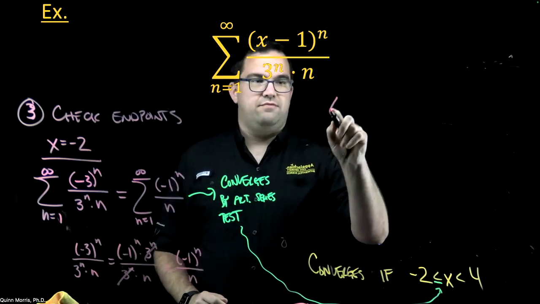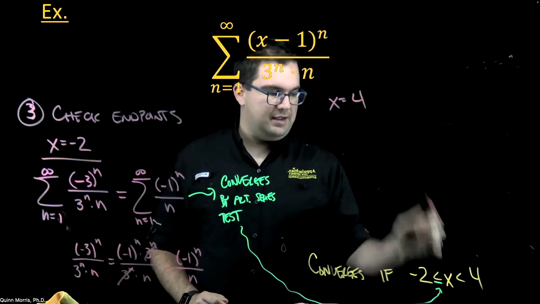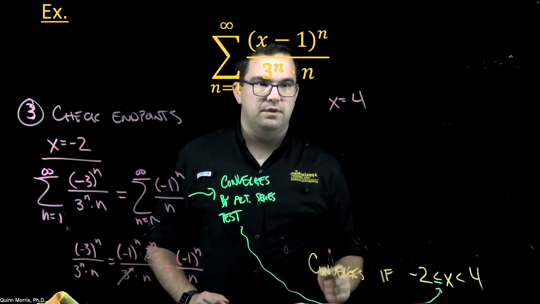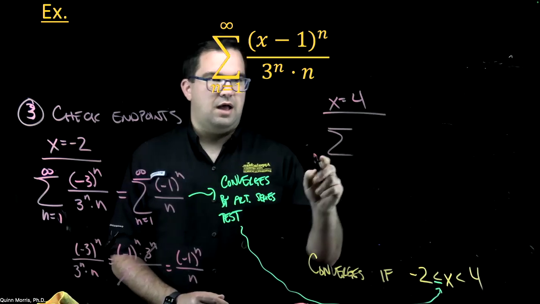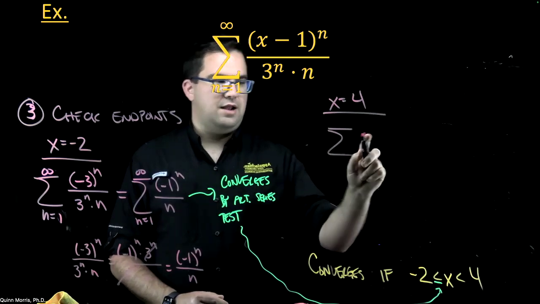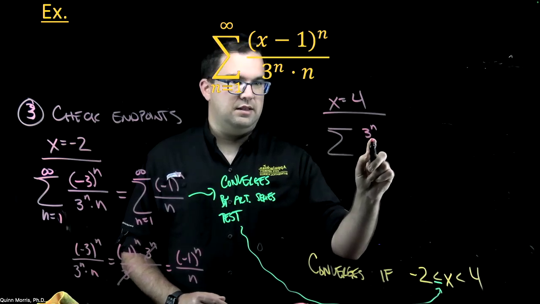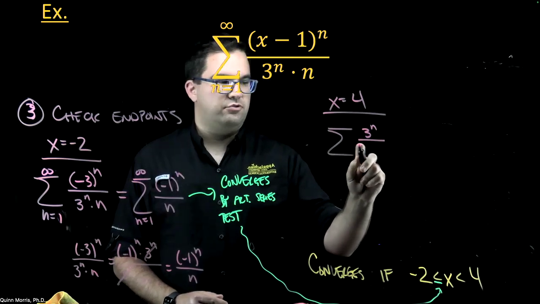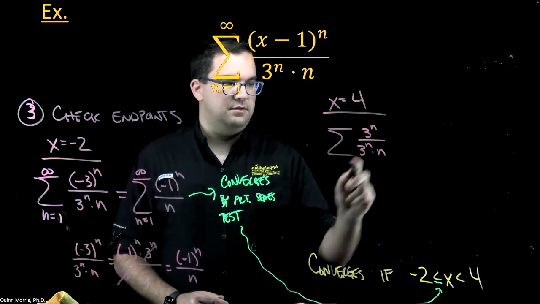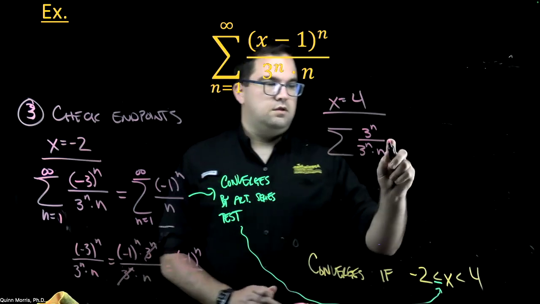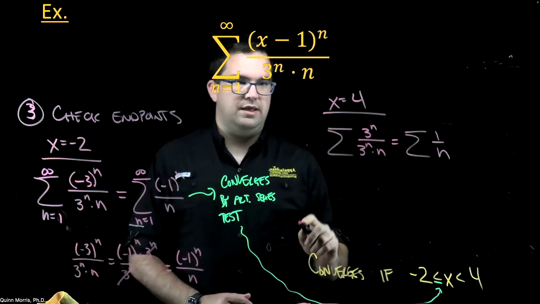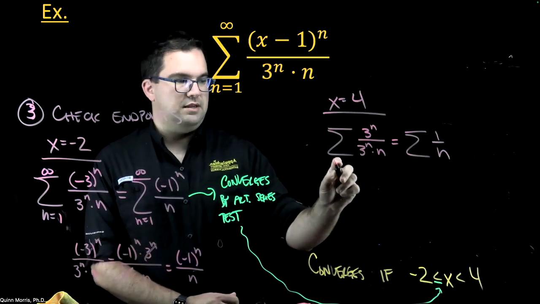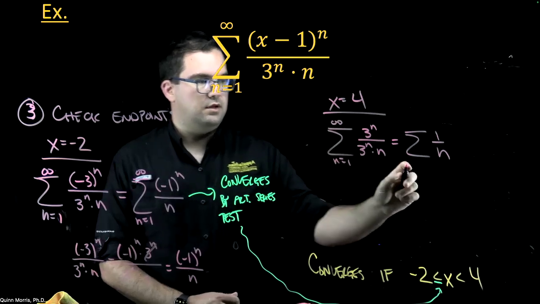Okay. Well, if x is equal to, sorry, not -4, +4. So if I plug in 4 to this series, I'll get 4 minus 1, that'll be 3. So I'll get 3 to the n divided by 3 to the n times n. That will be just the series 1 over n, which we've seen many times now.